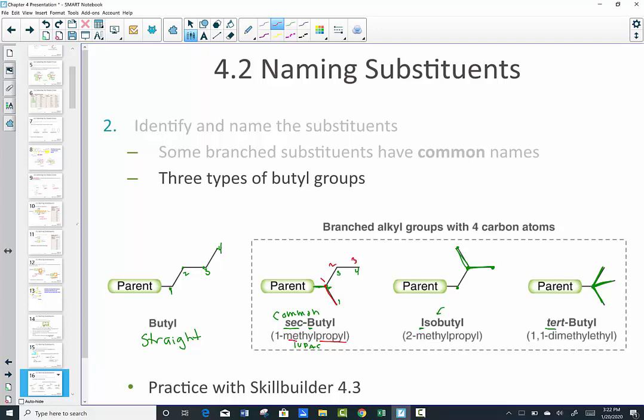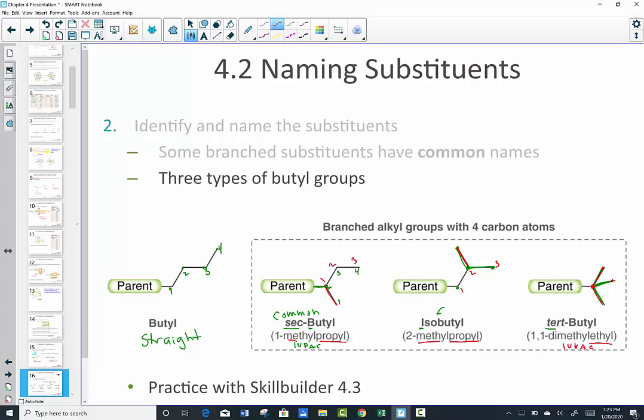For isobutyl, the longest carbon chain is propyl, but now coming off of carbon 2 is the methyl. 2-methyl-propyl is isobutyl's IUPAC name. For tert-butyl, the longest carbon chain is 2 carbons, so that's ethyl. Off of carbon 1 are 2 branches, 1,1-dimethyl-ethyl. That's the IUPAC name for tert-butyl, the common name.